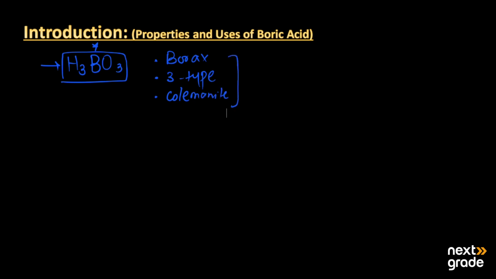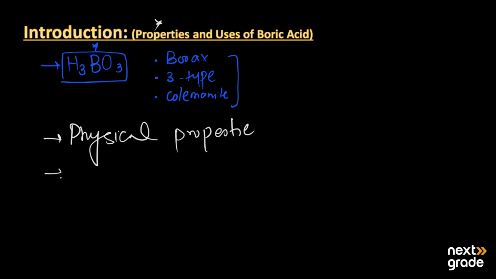Here we will study its properties, as it has two types of properties. The first one is the physical properties: what is its melting point, what is its boiling point, along with its density, its color, its physical state.